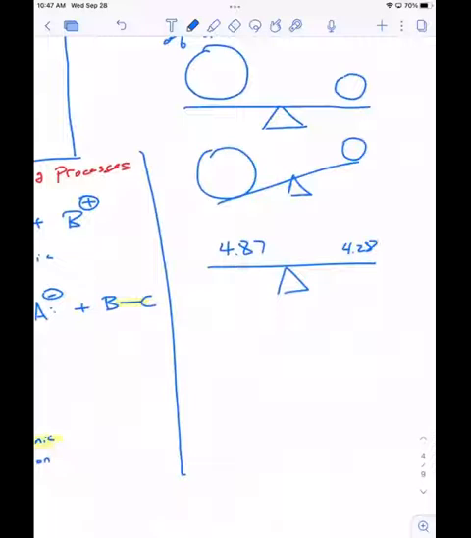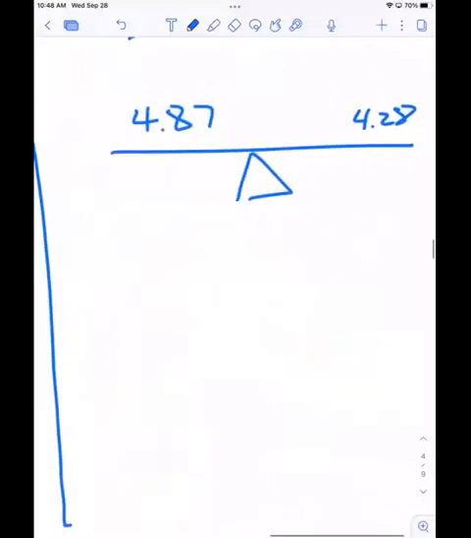This is how we're going to predict the equilibrium. Which number is larger? 4.87. So I can draw this like this. Is that right?